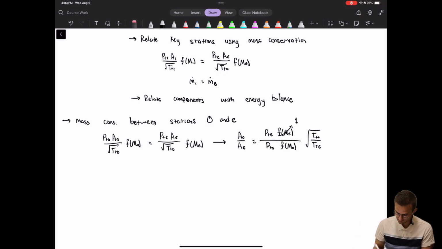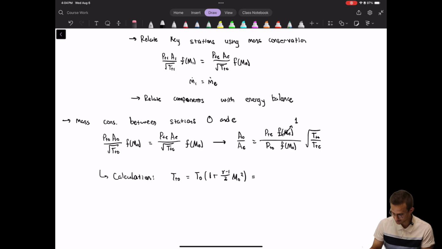So first off, let's do some calculation. We know that TT naught and PT naught can be calculated using the upstream Mach number and the static pressure values, using our standard relationship between the static and stagnation properties.